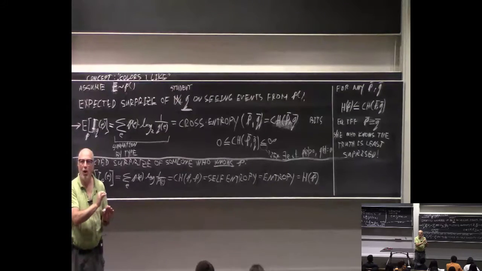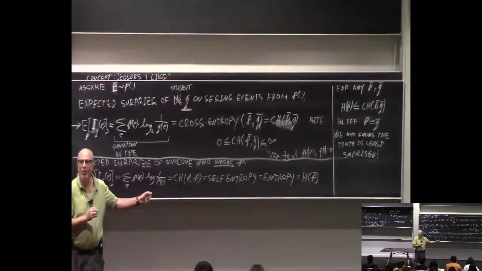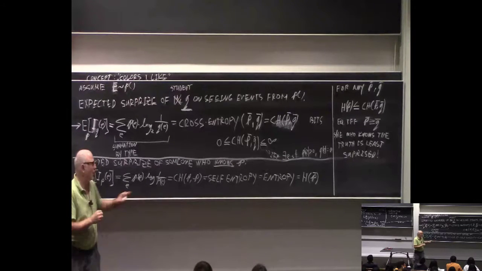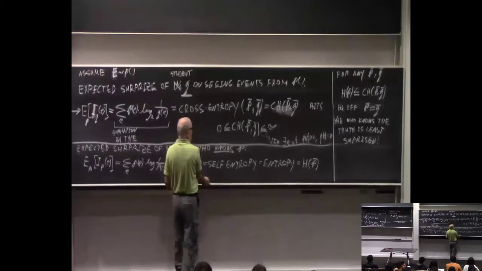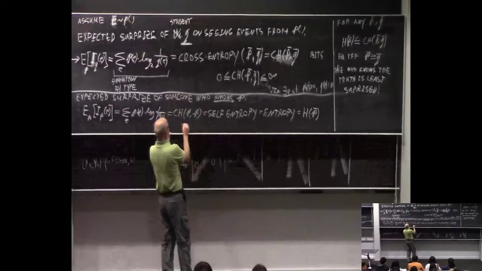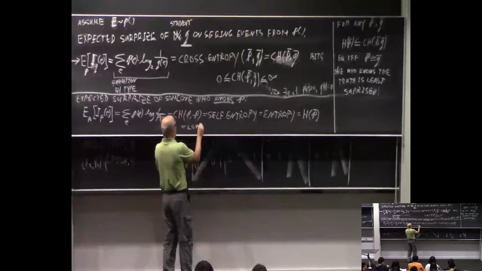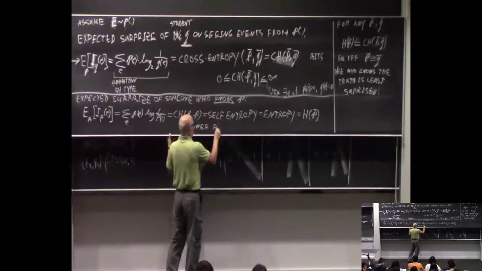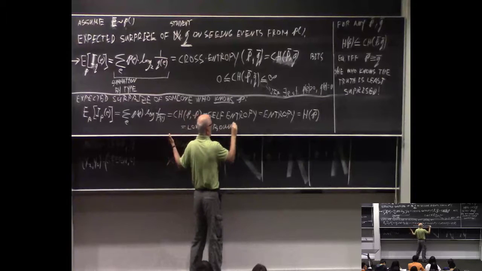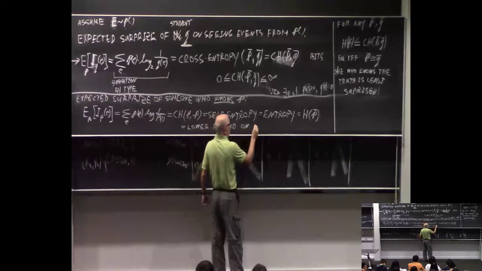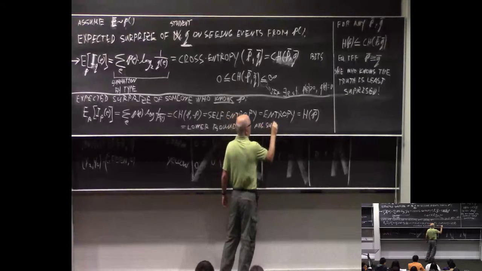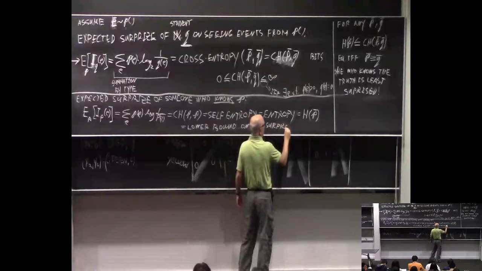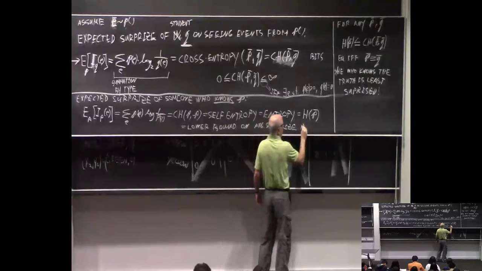There's a lower bound on surprise, which is given by the entropy of the source. So we'll write it here. This is a lower bound on average surprise, or expected surprise, by anyone.